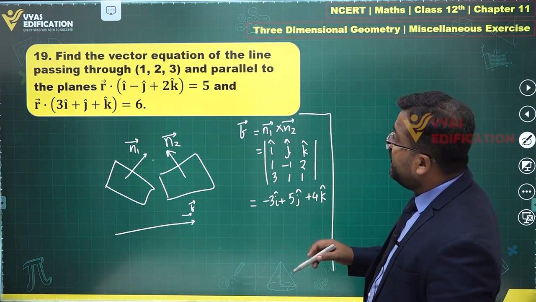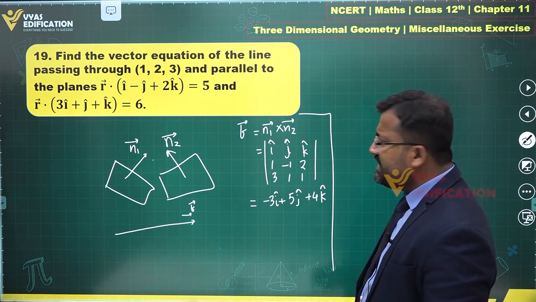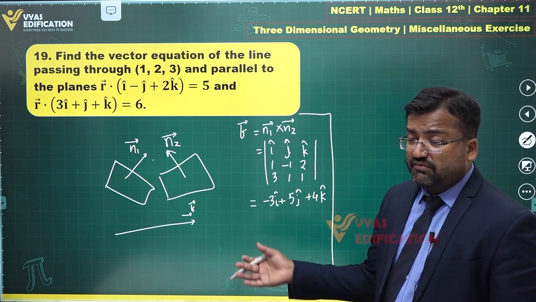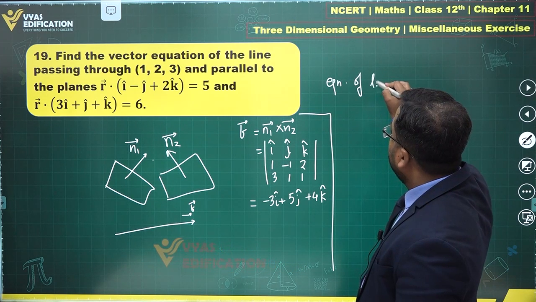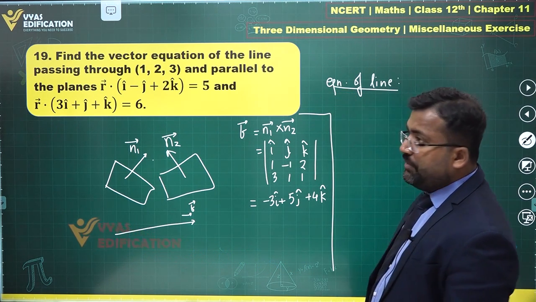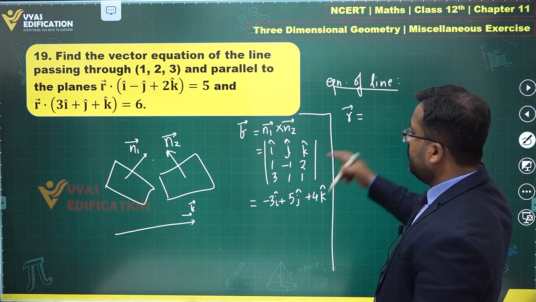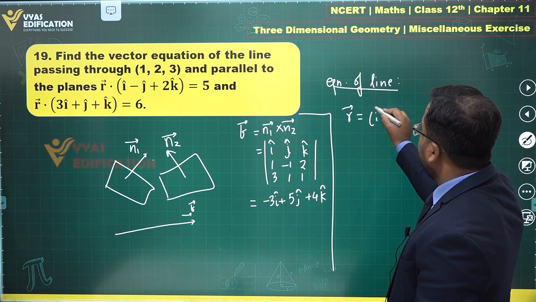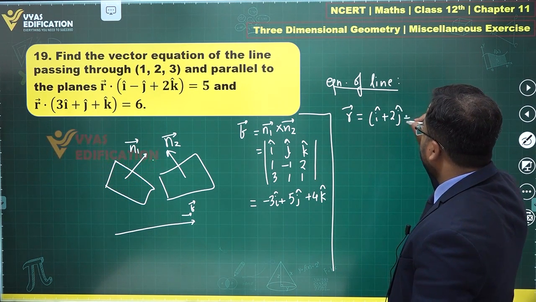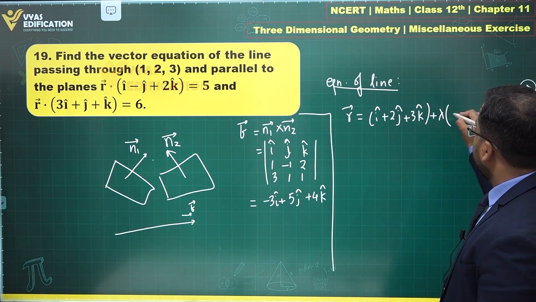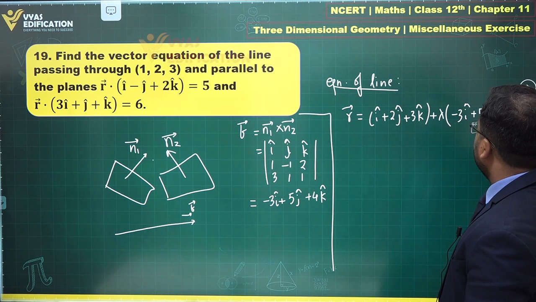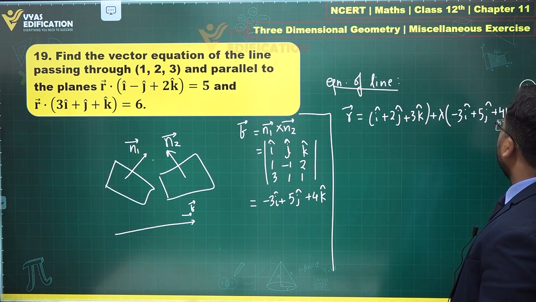There is a point already given on the line, and these are the direction ratios of the vector along the line. So the equation of the line will be R vector is equal to that particular point, which is I cap plus 2 J cap plus 3 K cap, plus lambda times the B vector, which is minus 3 I cap plus 5 J cap plus 4 K cap.